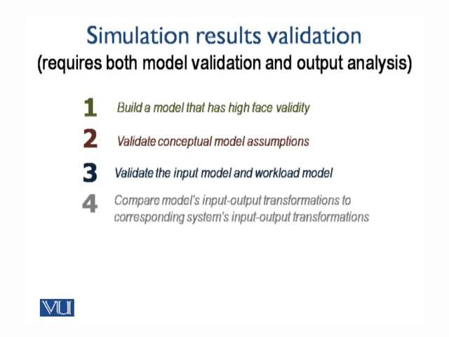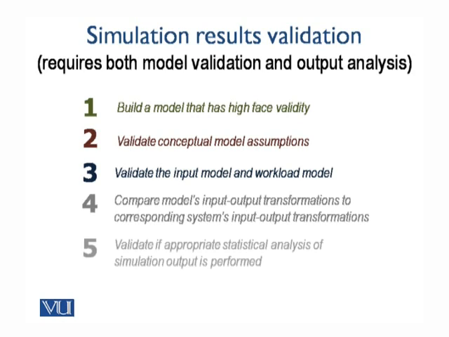This must be a data set that is new to the model, and we see how the model predicts the output, and we see its correspondence to the real system. If there is good correspondence, then we have a valid system. And finally, we have to validate the simulation results by performing a proper statistical analysis of simulation output.